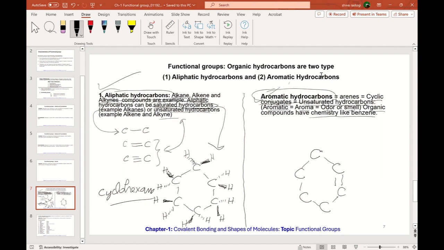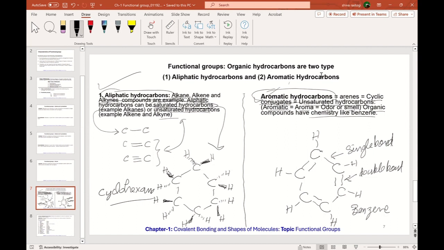So double bond, alternate double bond, alternate double bond. And then this is the single bond. And the remaining valency will be satisfied by hydrogen only. So this is called benzene.